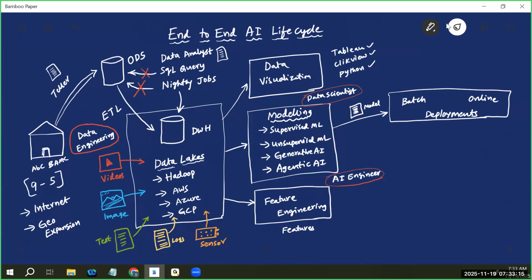And imagine I want to predict whether the customer loan should be approved or not. Okay, we're trying to do a loan prediction process. So every day we will collect all the customers who have applied for a loan during the day, and in the night around 9 o'clock there will be a job running which will take all the applicants' data, and from the data it will try to predict how many are eligible for a loan and how many are not eligible.